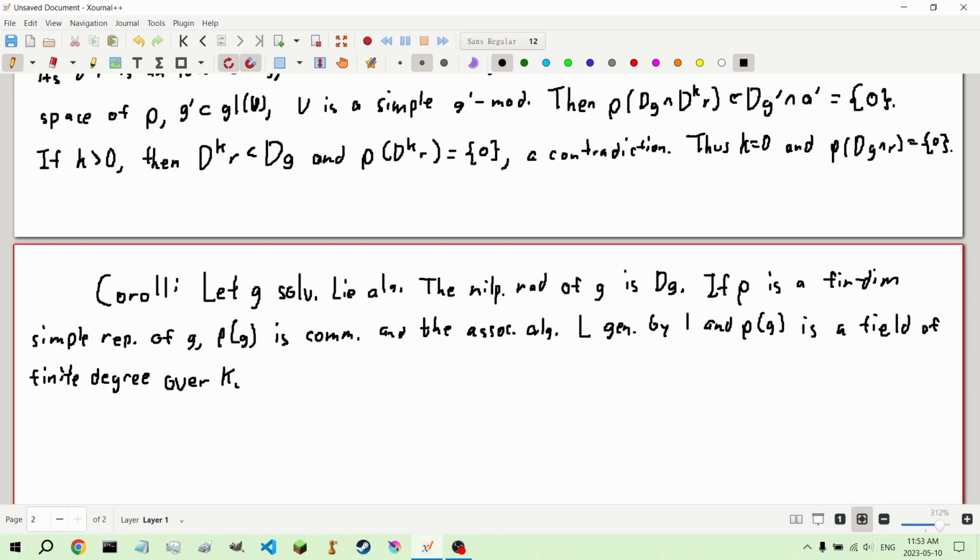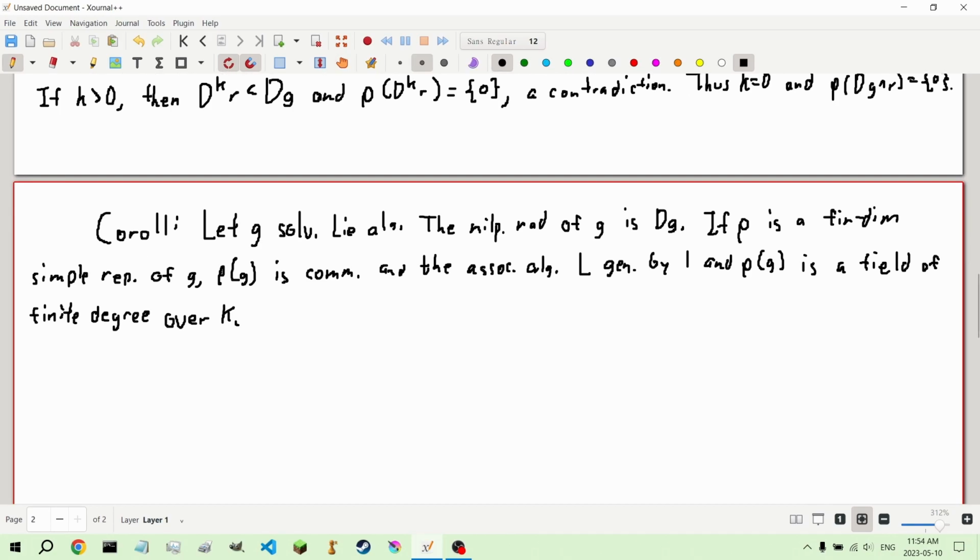Let me switch over here. And our proof. Here, R is just all of G. So S is obviously just equal to the derived algebra of G. So rho of the derived algebra of G has to be 0.